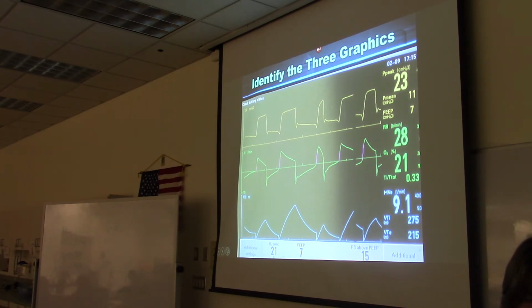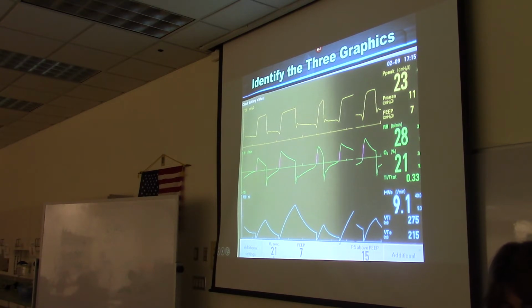There's a leak somewhere, because when you see this, it looks like the letter V, but it's because not all of the air that went in came back out, and some is missing. And then the ventilator will reset the graphic down to baseline for the next breath to begin. So there's a leak each time.